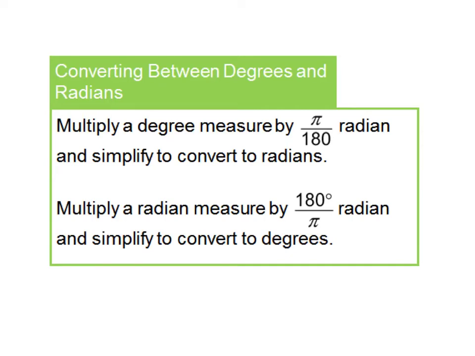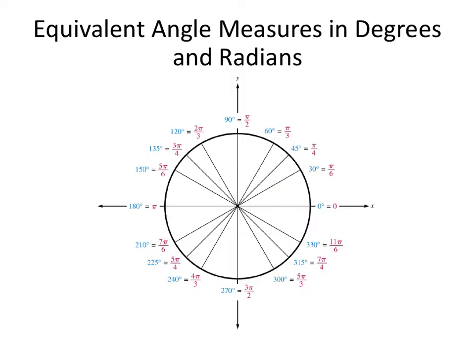The conversion for degrees to radians and radians to degrees is actually quite simple. To go from degrees to radians, you multiply by the ratio pi over 180. To go from radians back to degrees, you multiply by 180 over pi. And we actually will take a look at why that works. The equivalences are shown here.